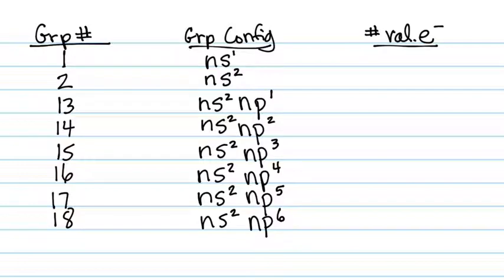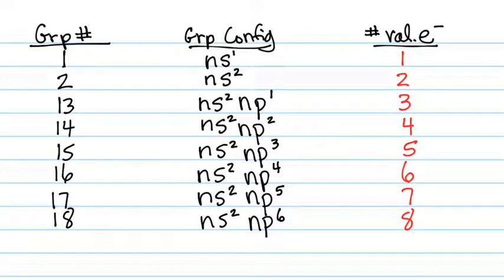If it's the first group in the P block, it's P1. If it's the last group in the P block, it's P6, for your group 18. If you count up the number of valence electrons, because this is the important part, it looks just like this. So you have 1 through 8 valence electrons, group 18.